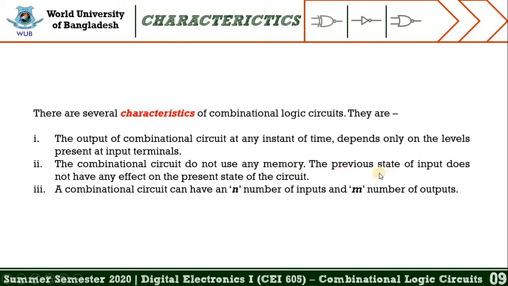This point we have already known from the previous slide. The previous state of input does not have any effect on the present state of the circuit. Last, a combinational circuit can have n number of inputs and m number of outputs.